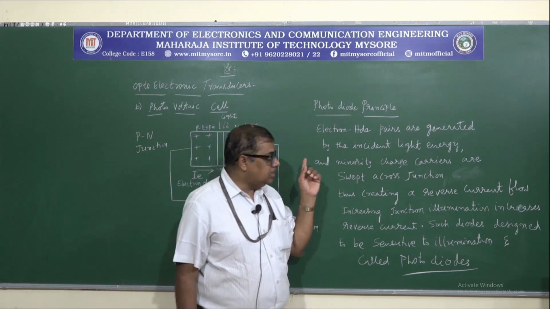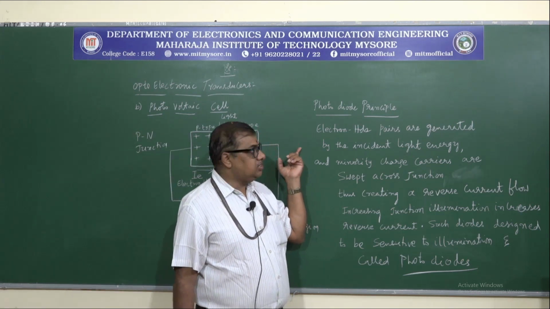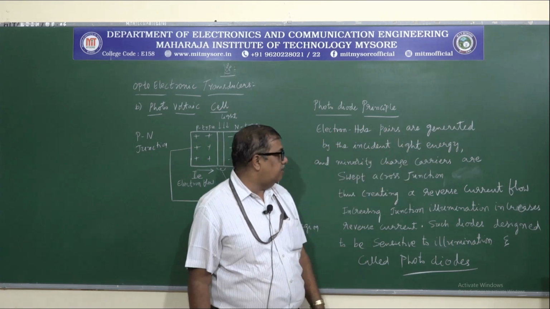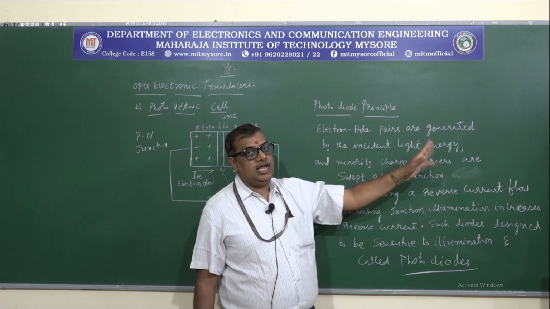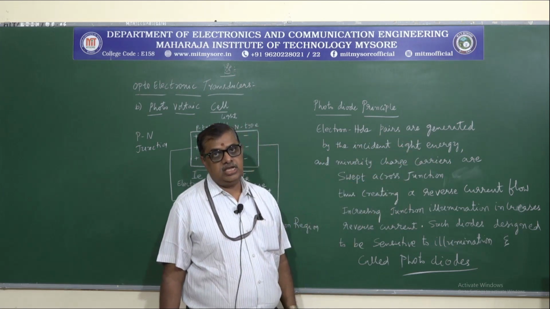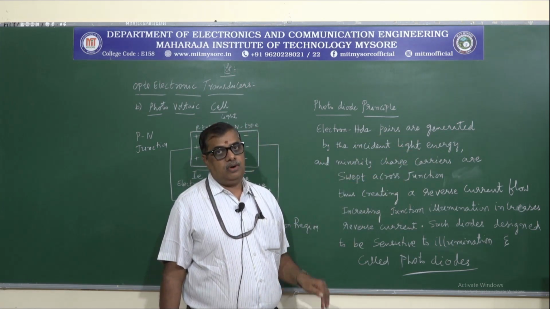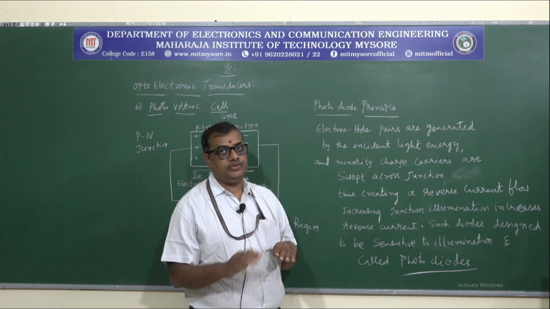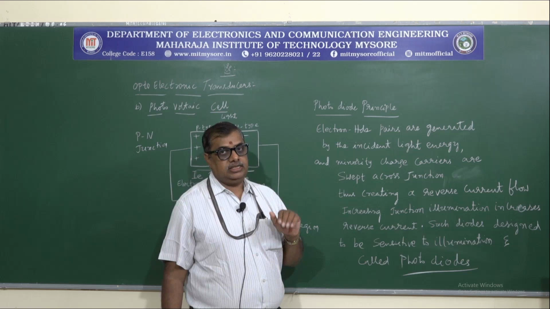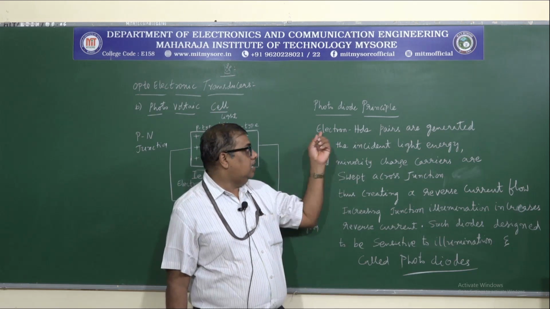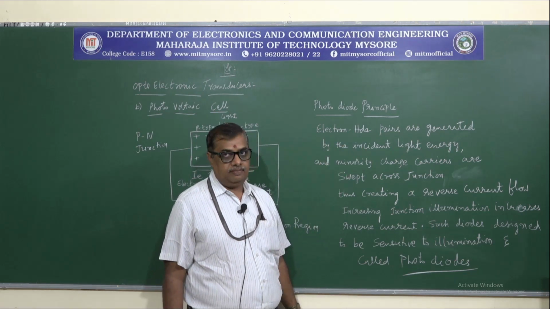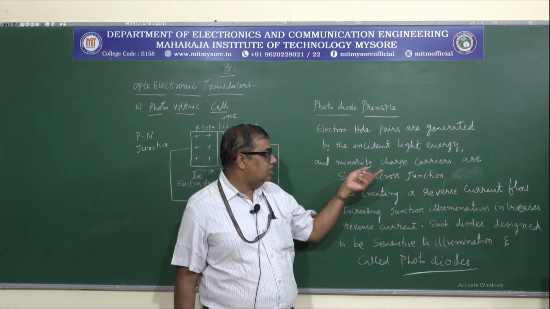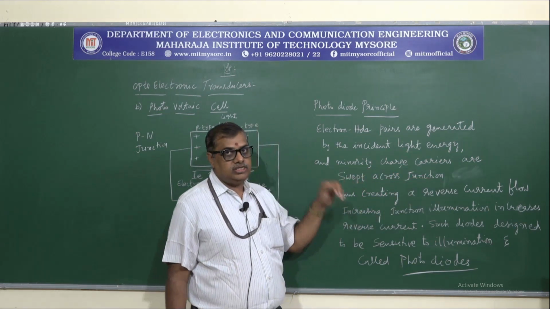Okay. So now let us see the photodiode principle. The electron hole pairs are generated by the incident light energy. That means in a photodiode, if light is made to fall on the surface of the diode, it thermally generates electron and hole pairs, and the minority charge carriers are swept across the junction.